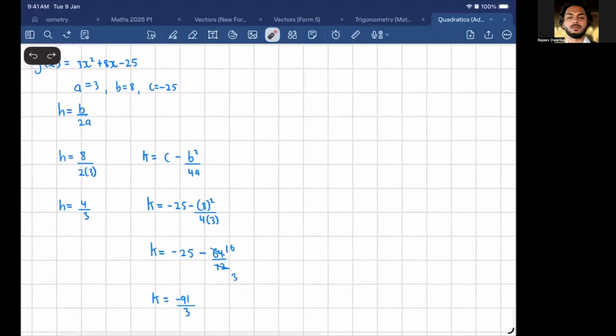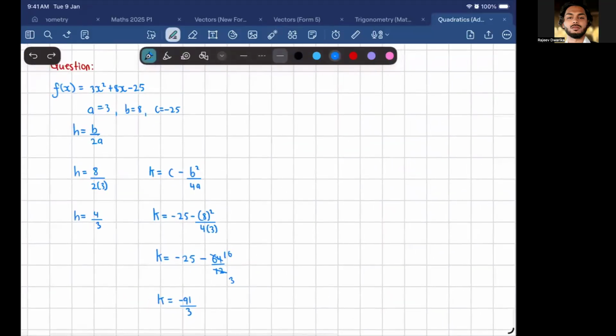So, Serena, could you tell me what the final answer would be in the form a(x plus h) squared plus k? Yes, it would be 3 open brackets x plus 4 over 3 close bracket squared minus 91 over 3.